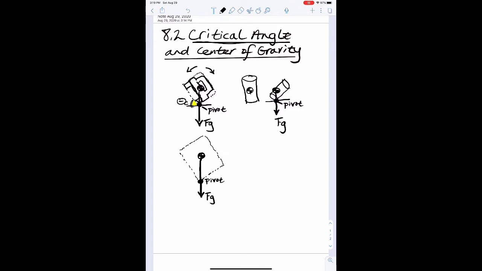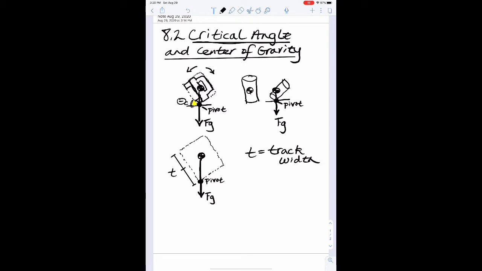All right, so what we can start to talk about here is that this distance right here is called T, and T is something called the track width. And the reason that's important is that half of that distance, T over 2, is going to be very important to us.